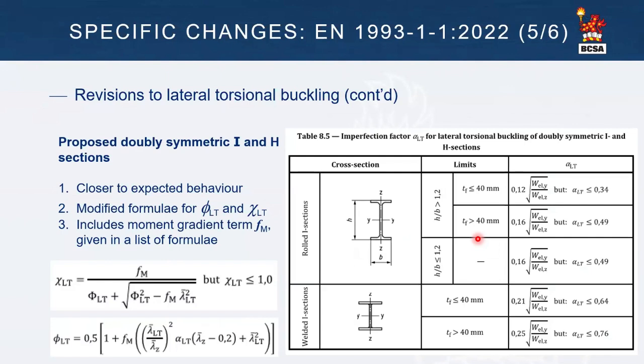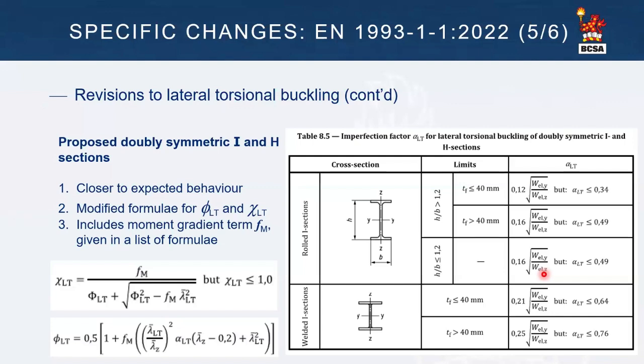So table 8.5, which is taken from the second generation of part 1.1, shows the imperfection factors for lateral torsional buckling of doubly symmetric I and H sections. In the last column, you can see that the imperfection factor alpha LT is no longer a single value.